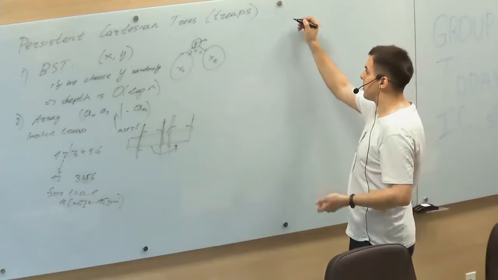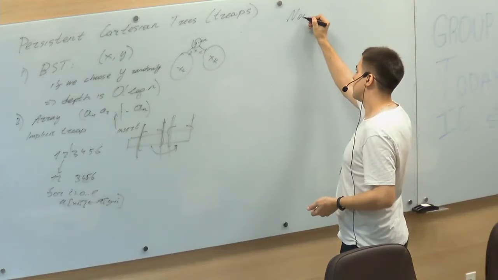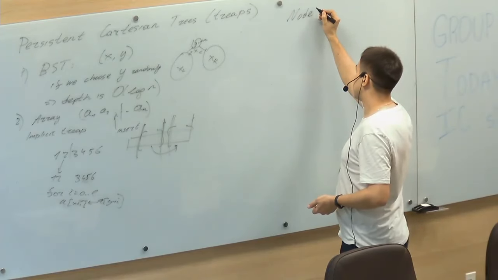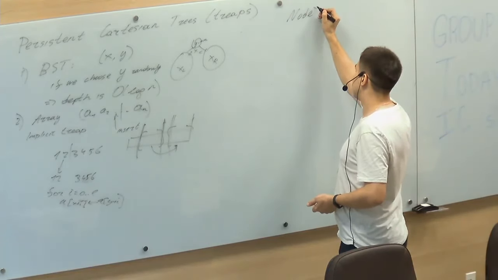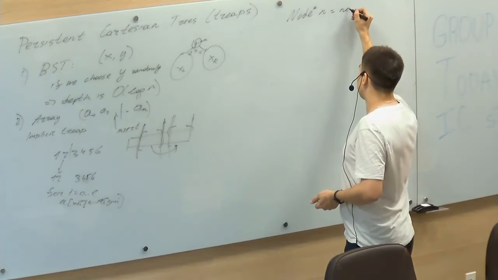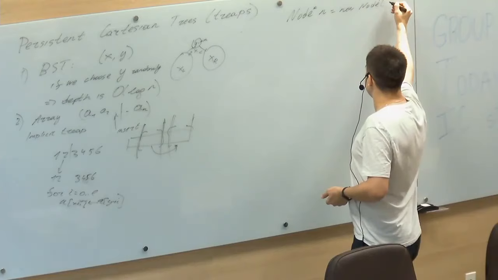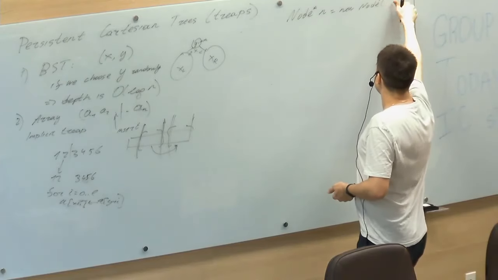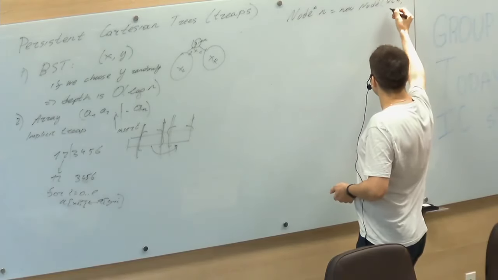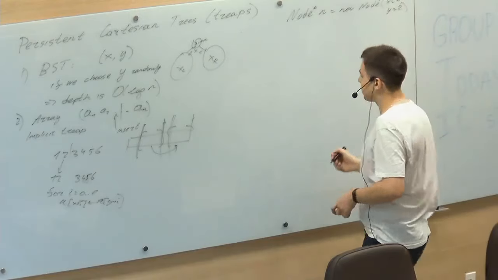So initially, we create some node, a new node with some values: x is equal to 1, and priority is equal to 2.